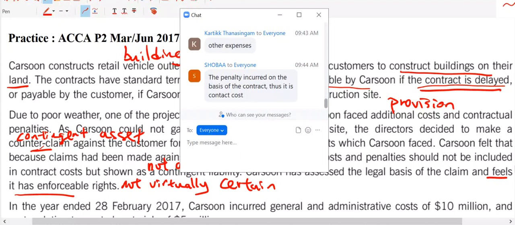Okay, Shubha said the penalty is incurred on the basis of a contract, therefore it is a contract cost. So based on Shubha's explanation, anything related to the contract will be contract cost. Karthik, how about you? You say other expenses.